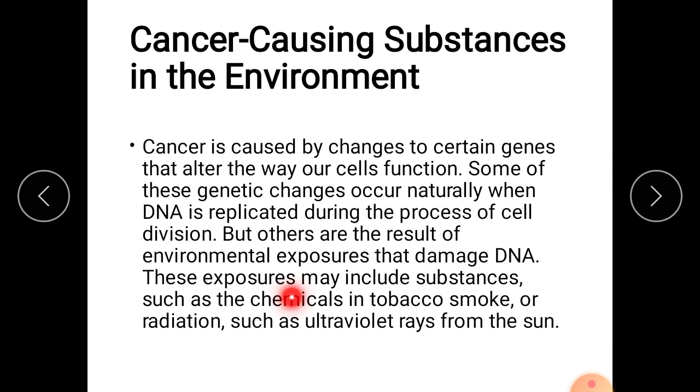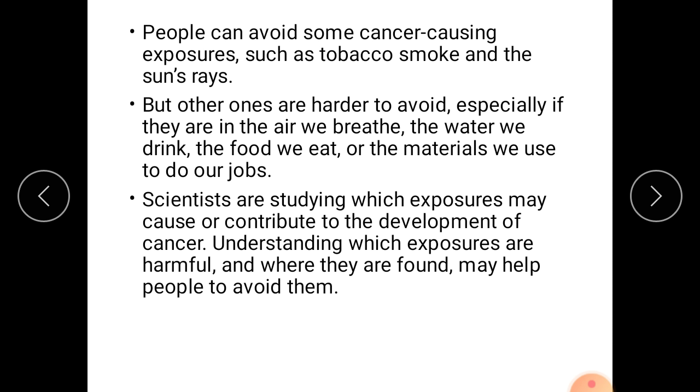These exposures may include substances such as the chemicals in tobacco smoke, or radiation such as ultraviolet rays from the sun. People can avoid some cancer causing exposures such as tobacco smoke and sun's rays, but other ones are harder to avoid, especially if they are in the air we breathe, the water we drink, the food we eat, or the materials we use to do our jobs.